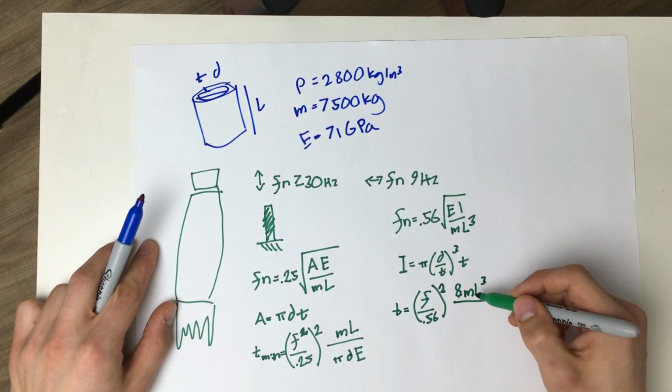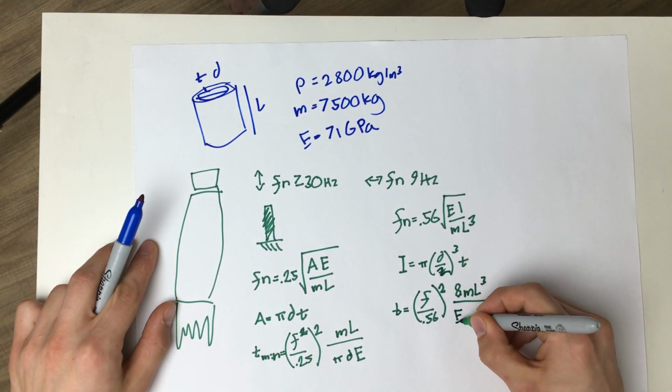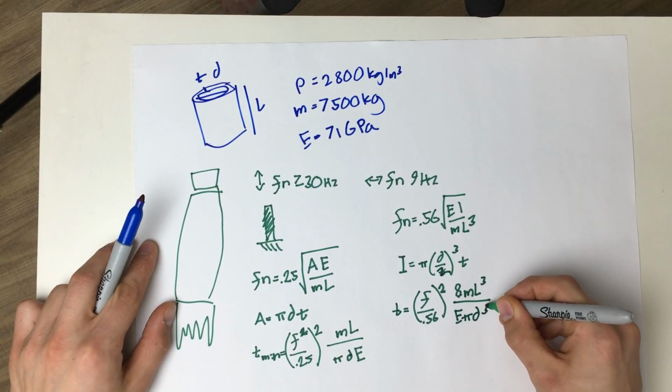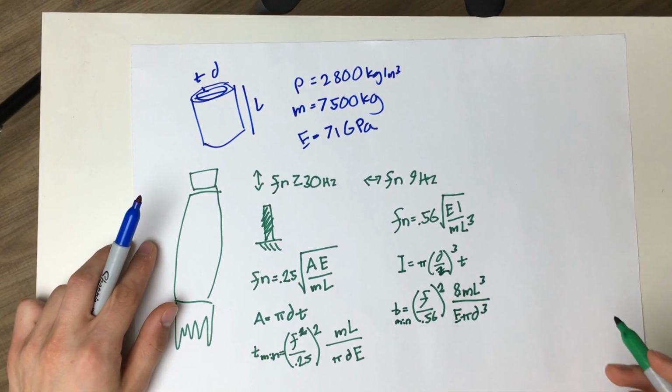That's just taking out the 2. Alright, and this is for the minimum frequency, we get a minimum thickness.